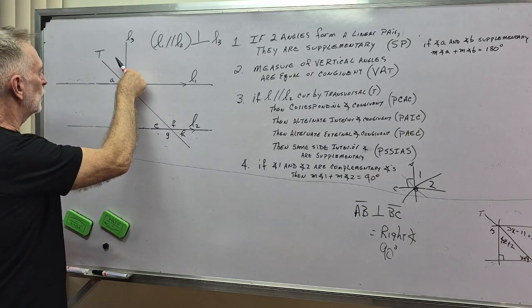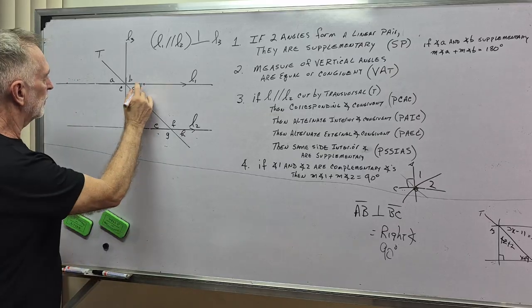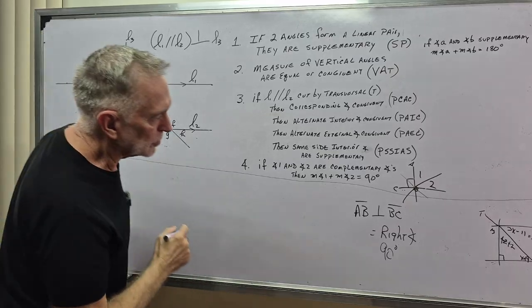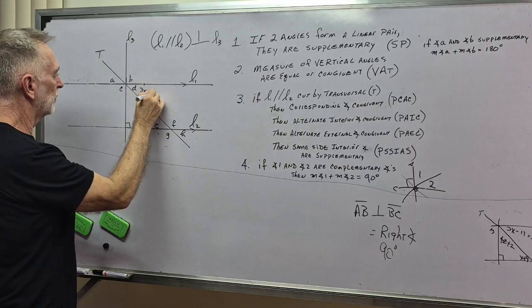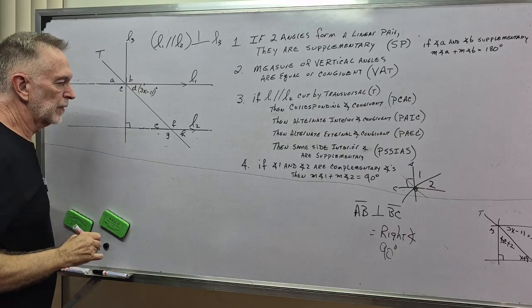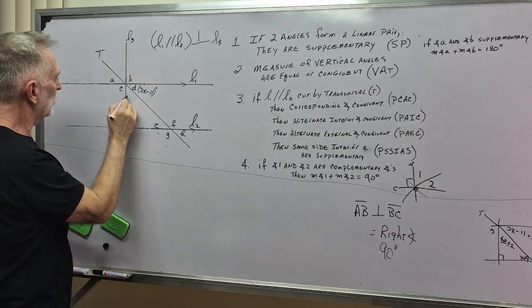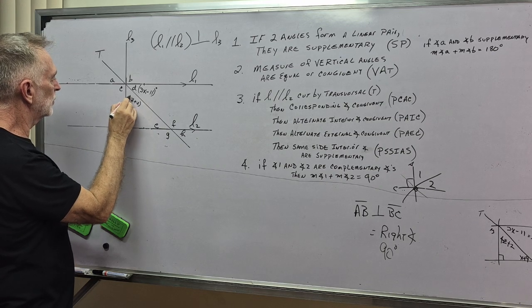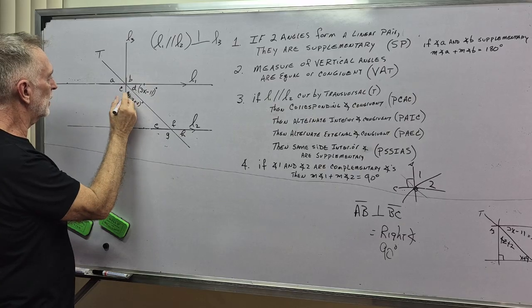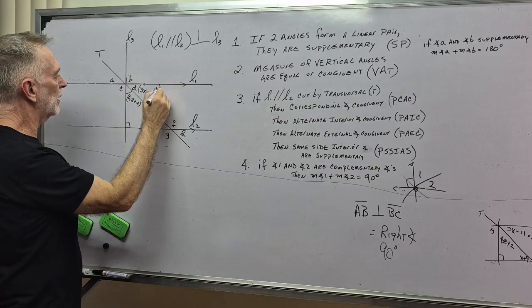All right, so we have this angle is 3x minus 11 degrees. And this angle is 4z plus 2 degrees. This angle right here, and this one is that angle right there. Okay?